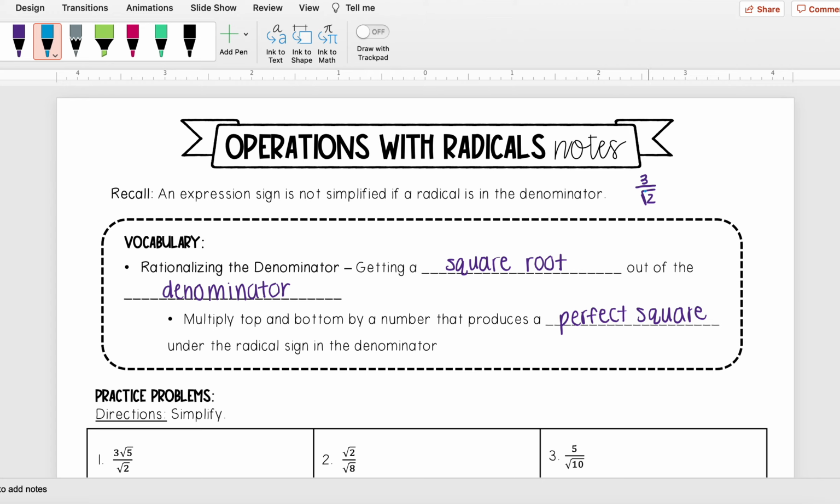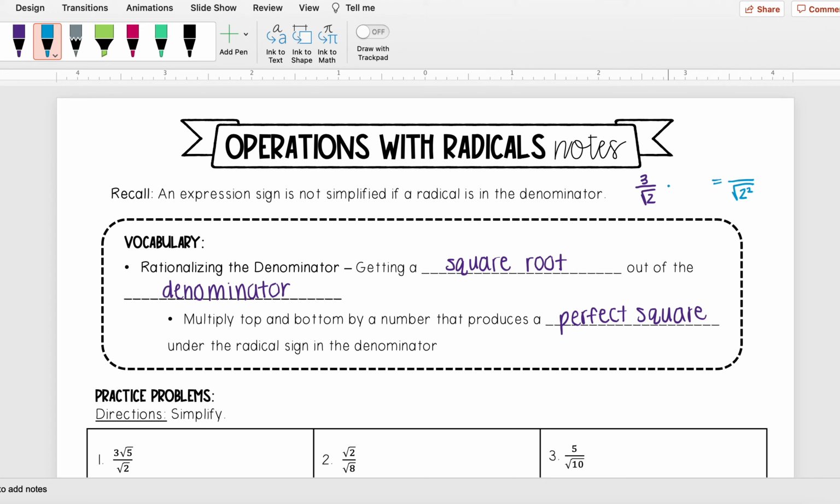Going back to this previous example of 3 over the square root of 2, I want to get rid of this radical, and what I need to do is create a perfect square under there. Since I have 2, I really want this to be equal to the square root of 2 squared at the bottom.